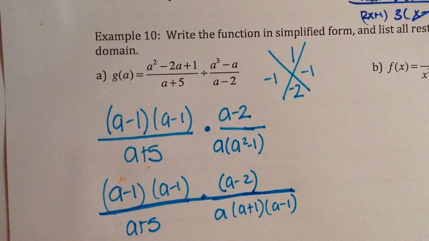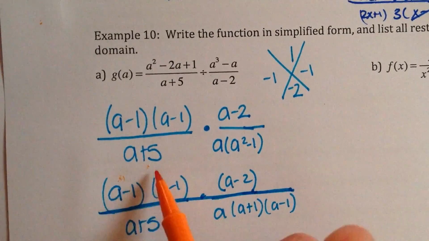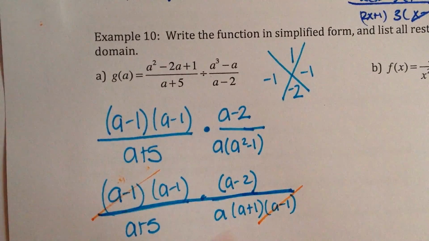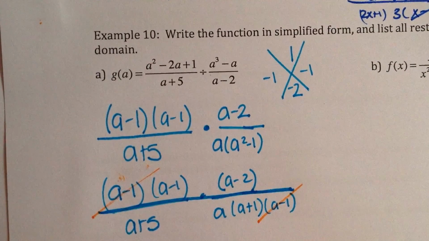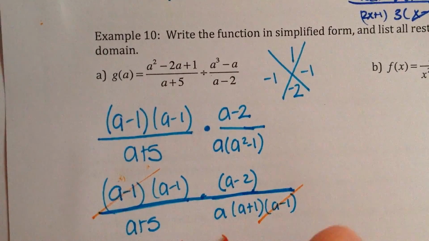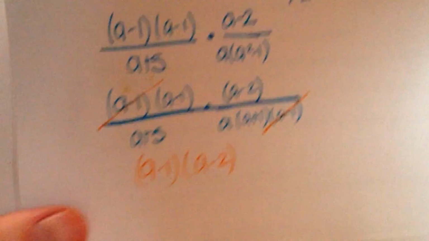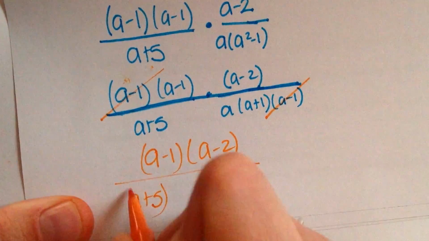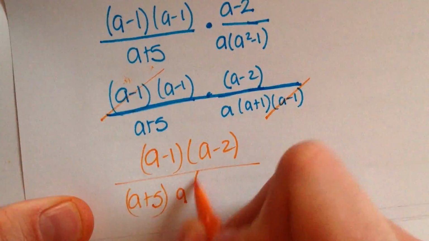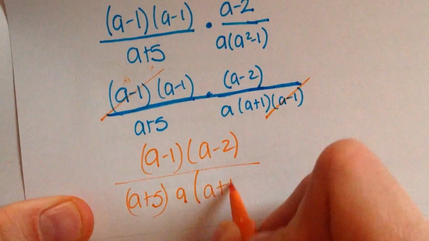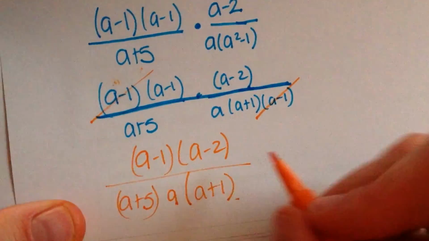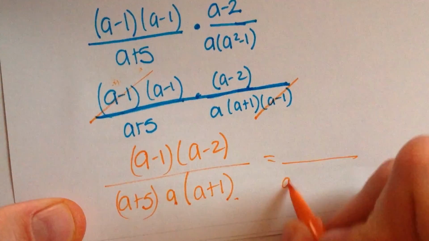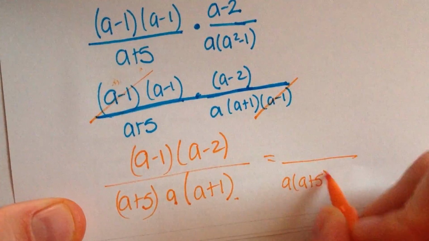And so if it's the same on top, same on bottom, it cancels. So a minus 1, a minus 1. So I'm left with a minus 1 times a minus 2 over a plus 5 times a plus 1. And you can rearrange this. We can put that a out in front if we wanted to.